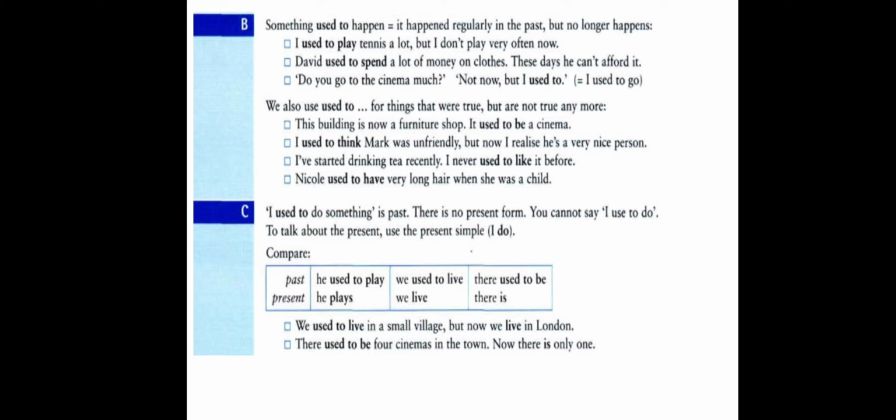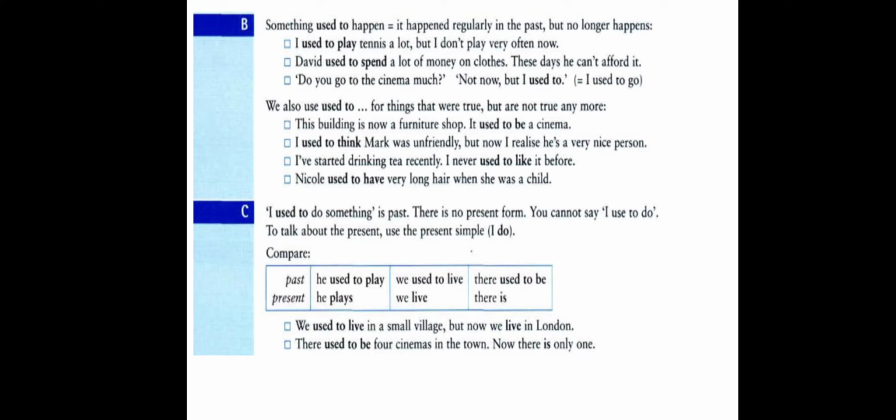We can use used to. So here we said it used to plus the base form of is, be. So we say it used to be a cinema in the past. I used to think Mark was unfriendly. Here the verb think is a state verb, and we speak about a belief in the past.